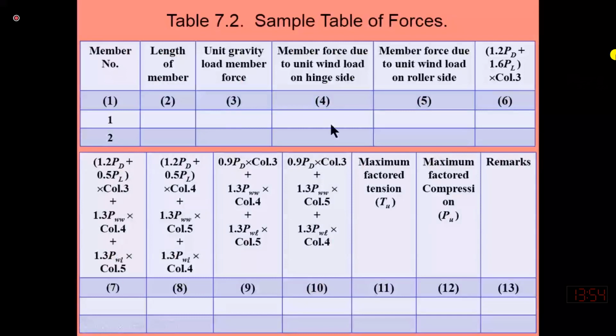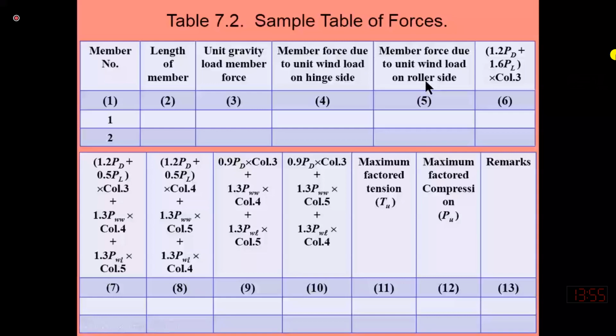Column number 4 is the wind load analysis that you have performed considering the wind direction from the hinge side, plus 1.3 of the leeward wind panel load that you have computed multiplied by column number 5. Column number 5 means the wind is coming from the leeward side, and PWL already has a negative sign, so it means that it will have the uplift effect.